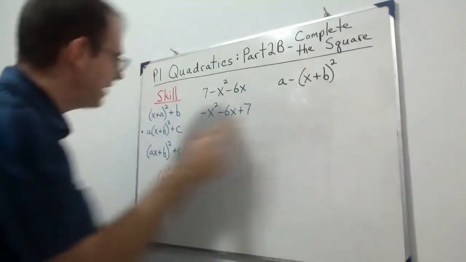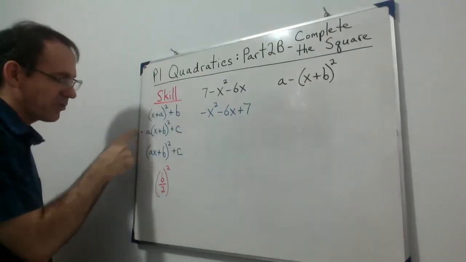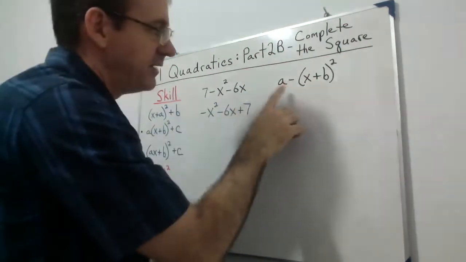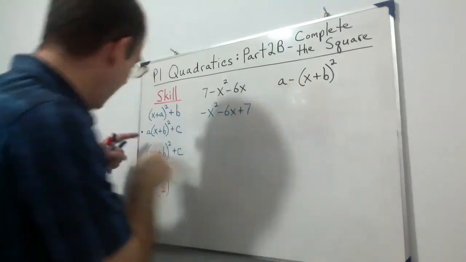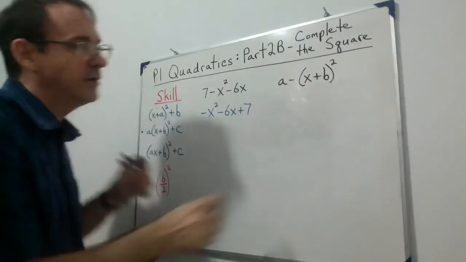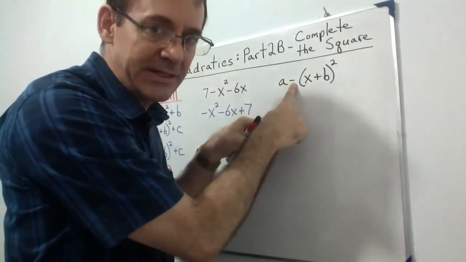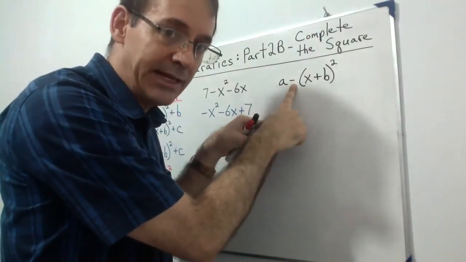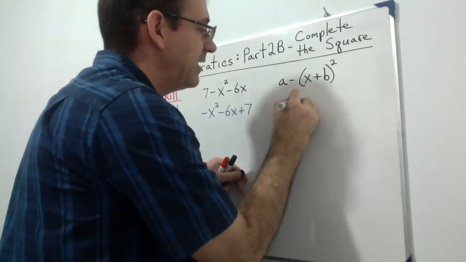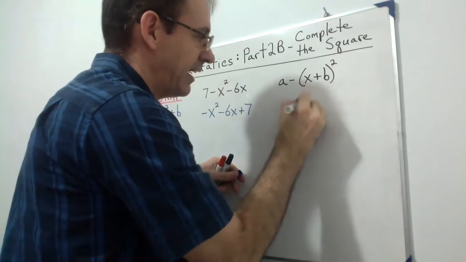So this is actually this level. It's just that our A is not this A here. The A in this, the one multiplying the square, is an understood -1. Again, they've supplied it for us. So you could write this as a -1 if you want to see that.